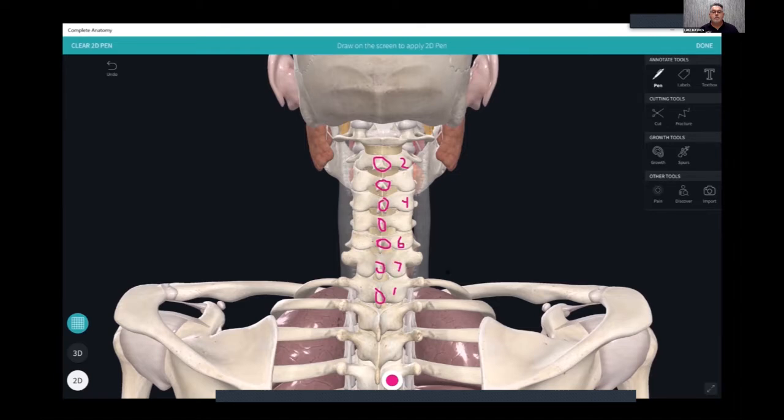C7 tends to be the last of the vertebrae that will have some rotation in it, and so if you place your fingers in between the interspinous space between C7 and T1 here, and then do some rotation, you should be able to feel the differentiation between the spinous process of C7 and T1 as well.